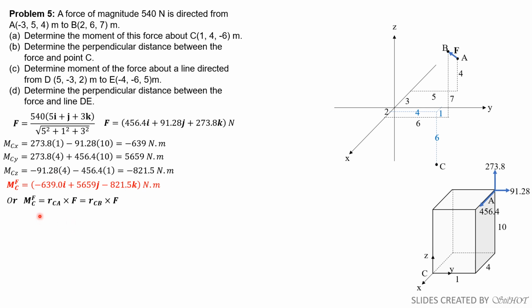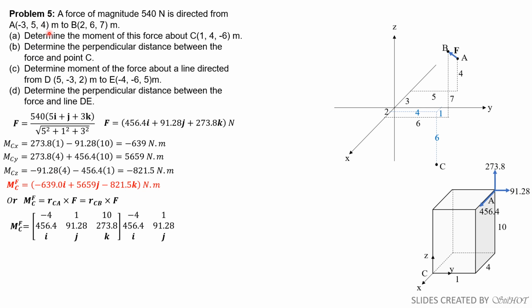This is the alternate solution if you want to compute the moment of the force about C. Instead of RCB cross F, I'll present RCA cross F. So C to A should be A minus C. Negative 3 minus 1 is negative 4.